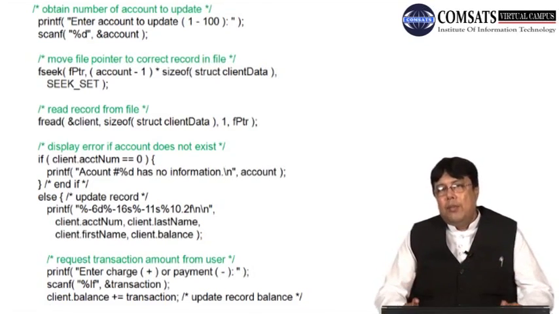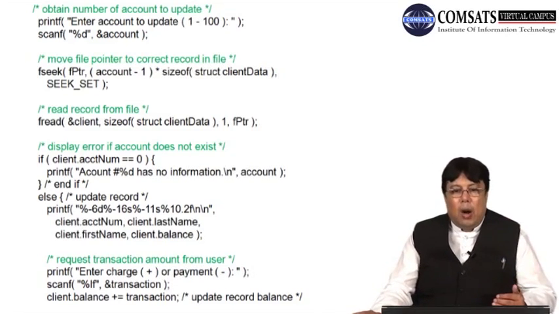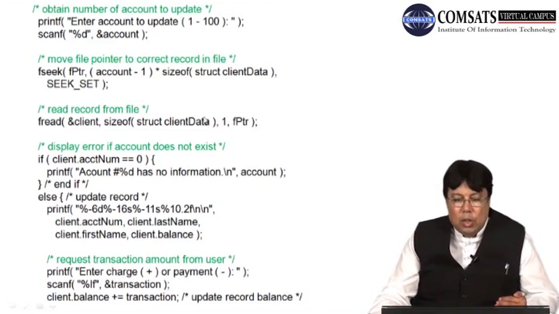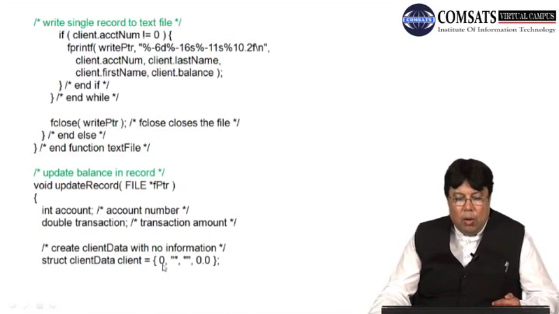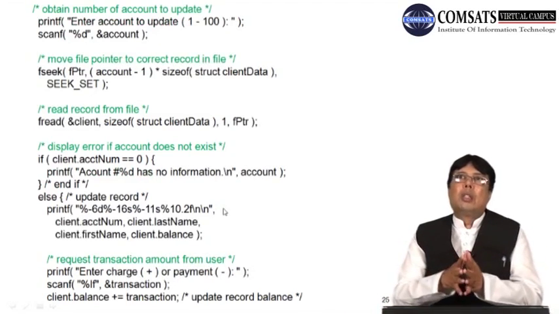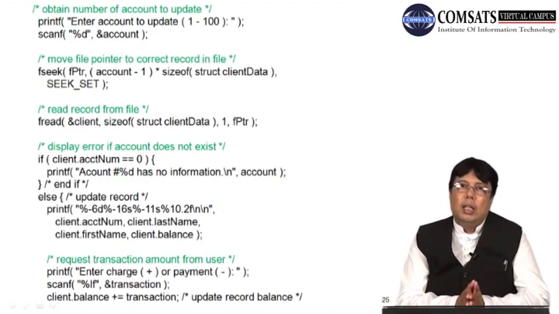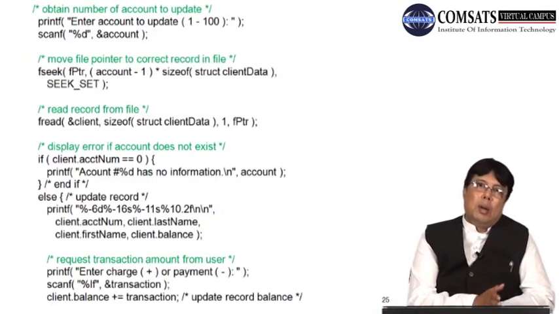We have created empty files, and you remember that we initialized the account number while creating the file to 0, just like this: 0, null, null, 0.0. So for all those account numbers that have not been utilized, the system will contain account number 0.